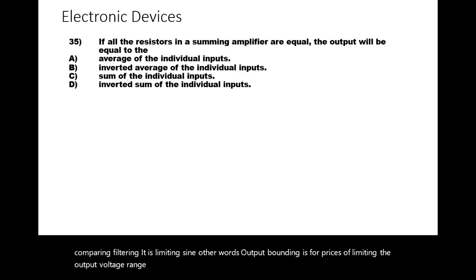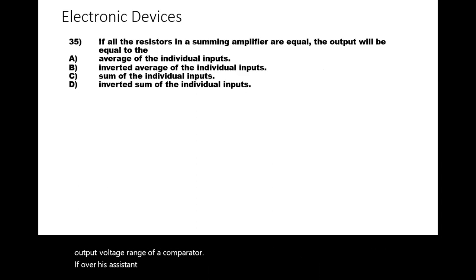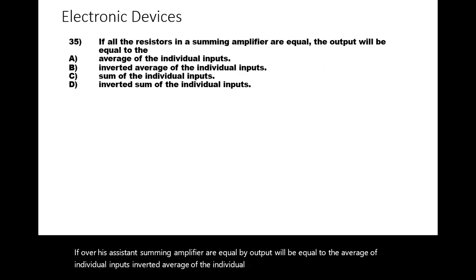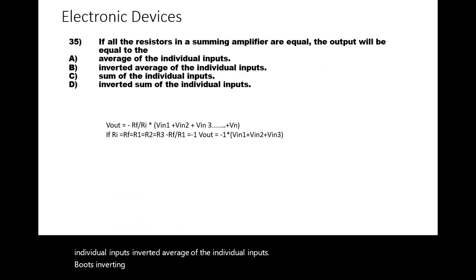If all the resistors in the summing amplifier are equal, the output will be equal to the average of the individual inputs, inverted average of the individual inputs, sum of the individual inputs, or inverting sum of the individual inputs? Vout is RF over RI, multiplied by Vin1 plus Vin2 plus Vin3.